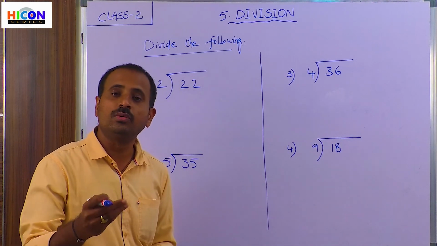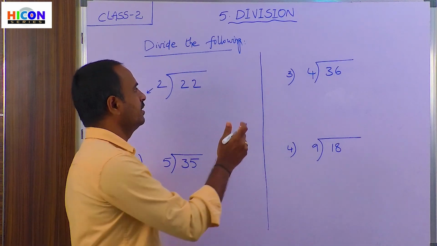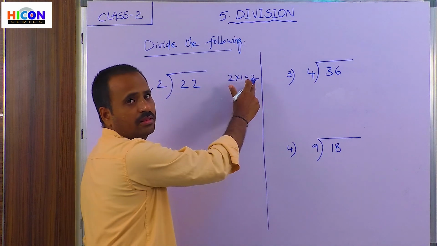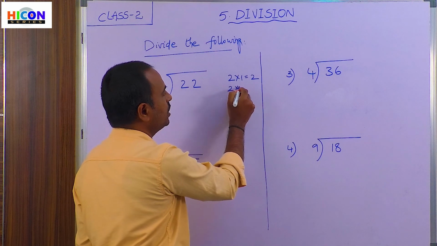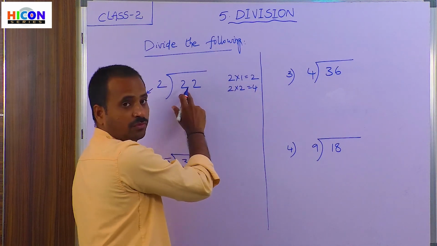That means 2 ones are 2, 2 twos are 4. Children, let us see here. 2 ones are 2, so you have got the number 2, but there is 22. And again, 2 twos are 4, we have got the number 4, but here is 22.